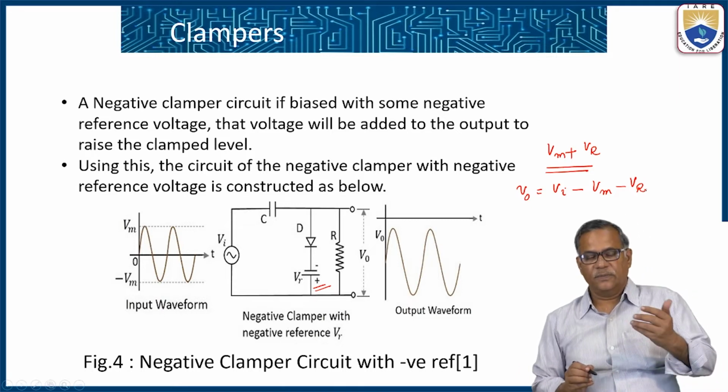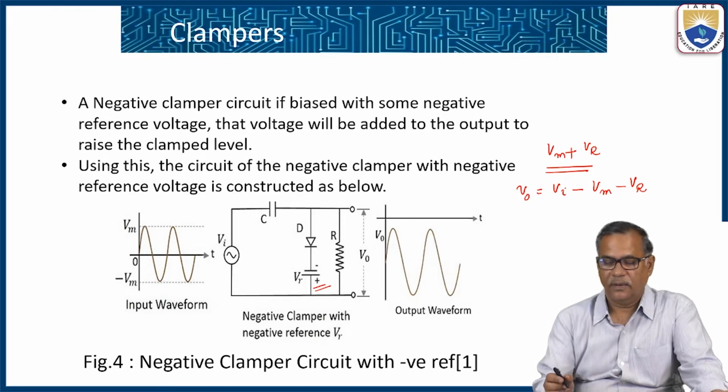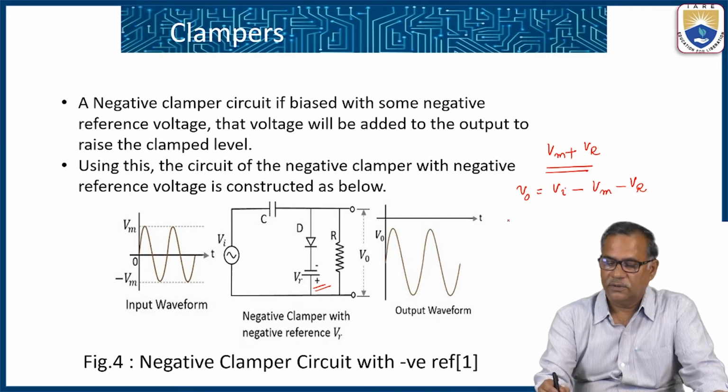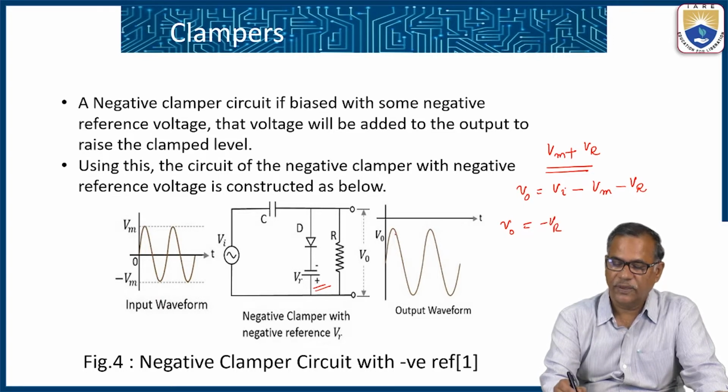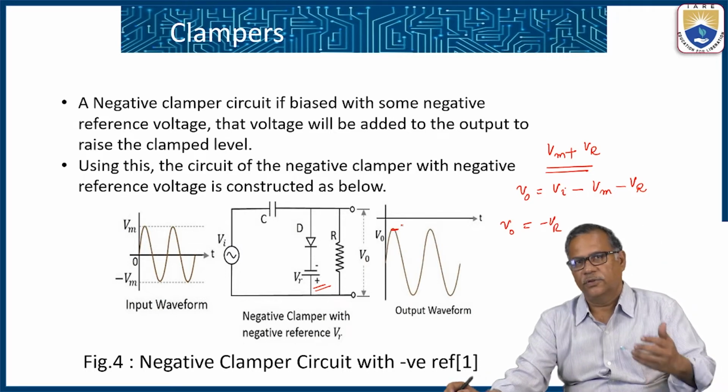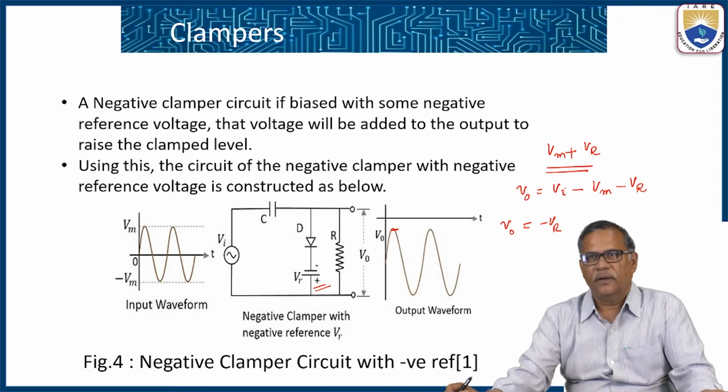So when the voltage is positive, the output voltage V0 is equal to minus Vr. So during the positive peak, you get the output voltage as minus Vr. During the positive peak, Vi is equal to Vm.